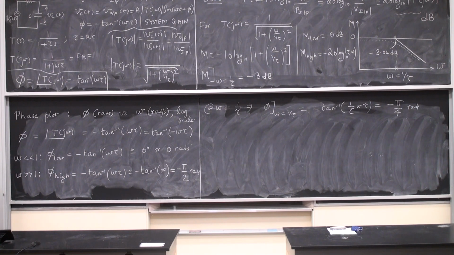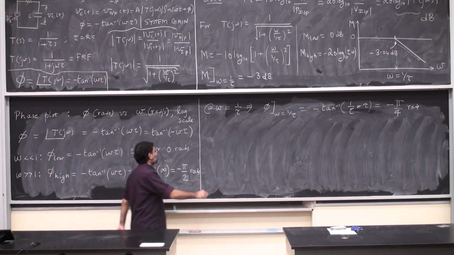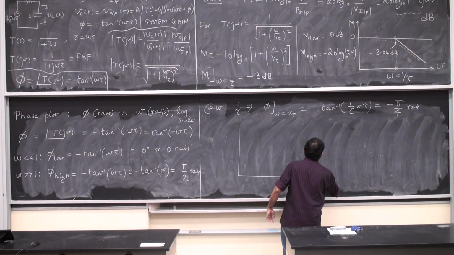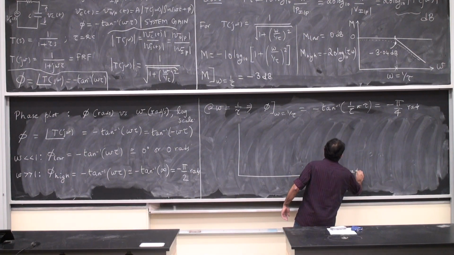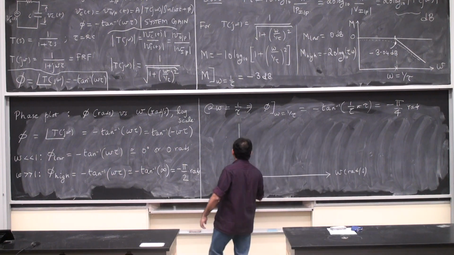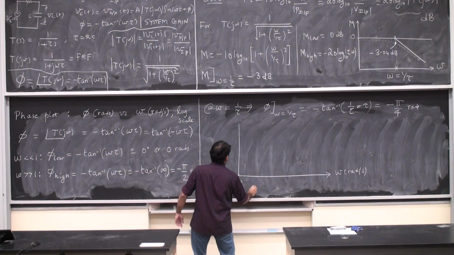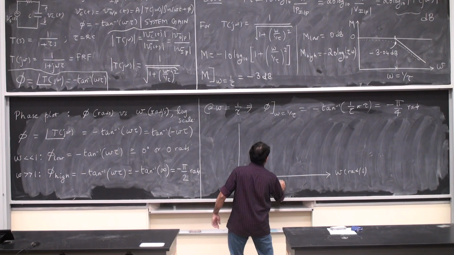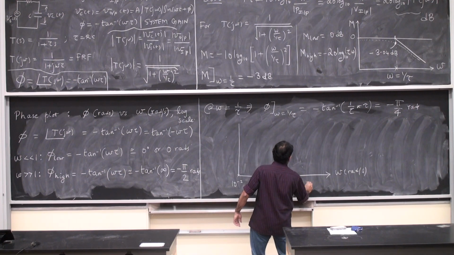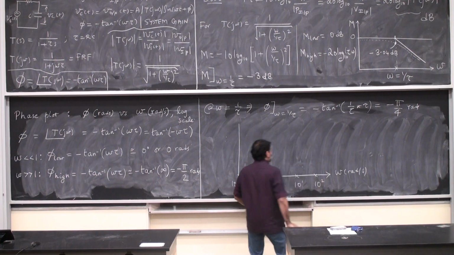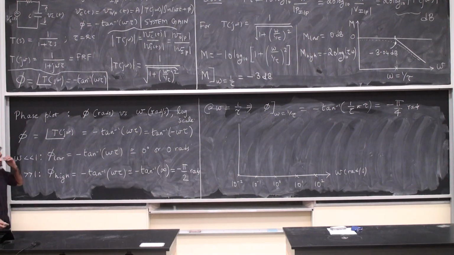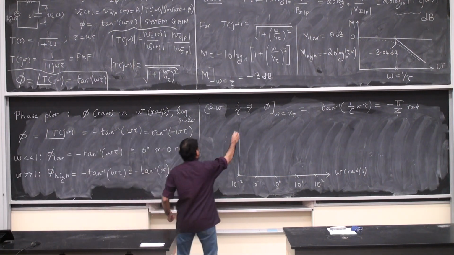Then we plot. This is omega, log scale, potential minus 2, minus 1, 0, etc., etc. On the y-axis, we have phi directly read as radians.